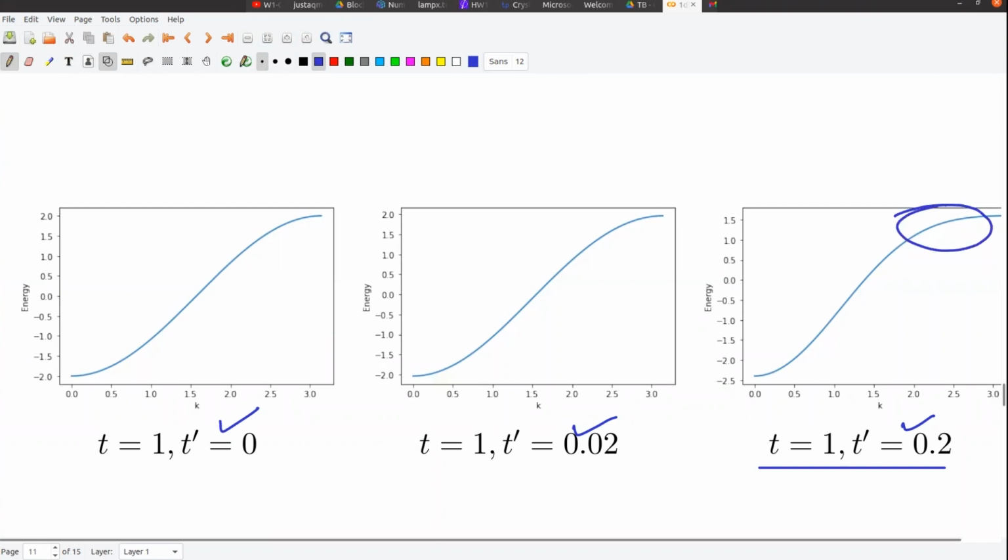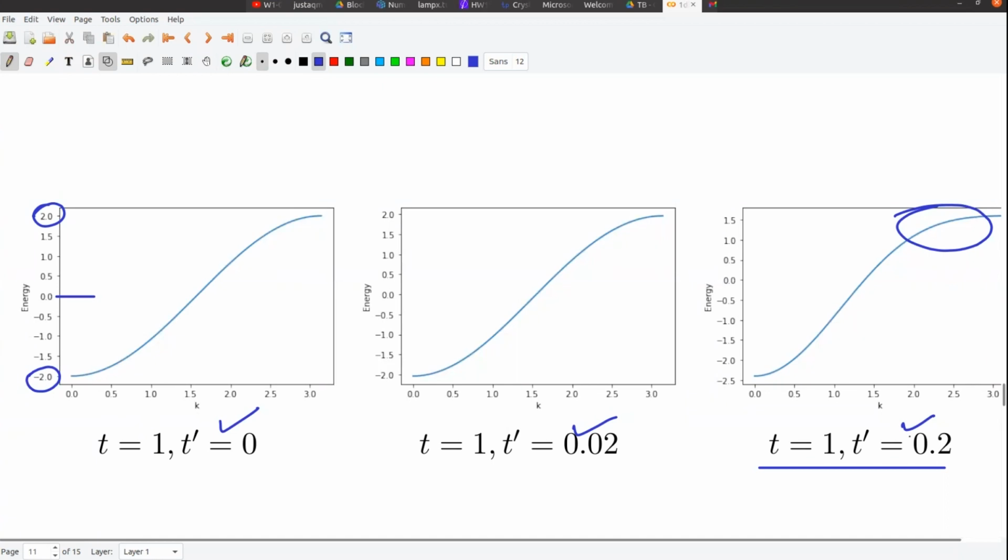Moreover, in case of t dash equal to 0, the spread of the band is symmetric about 0. So this is the zero energy. Maximum value of energy in the band is +2 and minimum value of the energy in the band is -2.